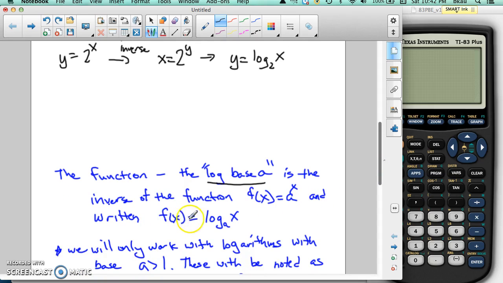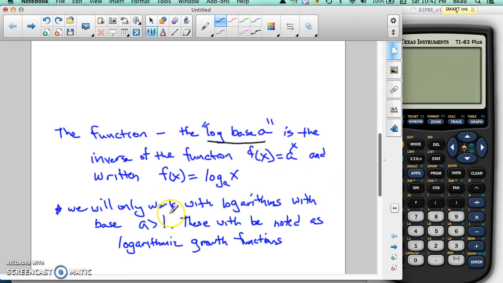And we can write the inverse as log base a of x. So we can use any base now. The inverse of 3 to the x is log base 3 of x. The inverse of 10 to the x is log base 10 of x. We'll have a special way to write that.